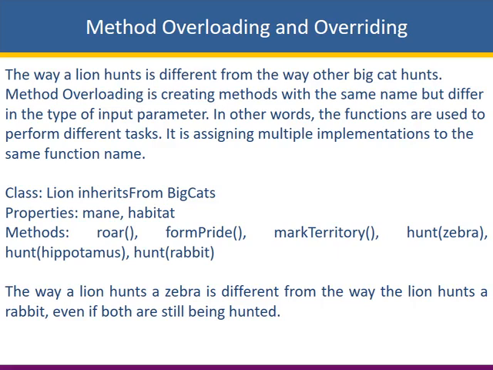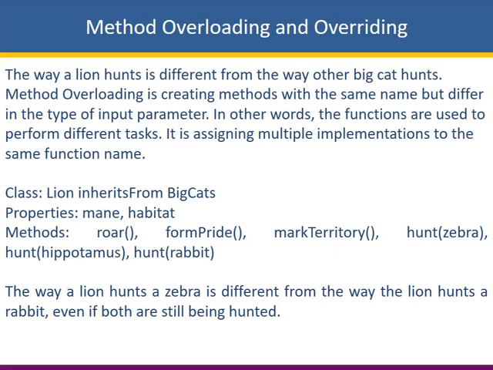Method overloading is creating methods with the same name but differing in the type or number of input parameters. In other words, the functions are used to perform different tasks. It is assigning multiple implementations to the same function name.